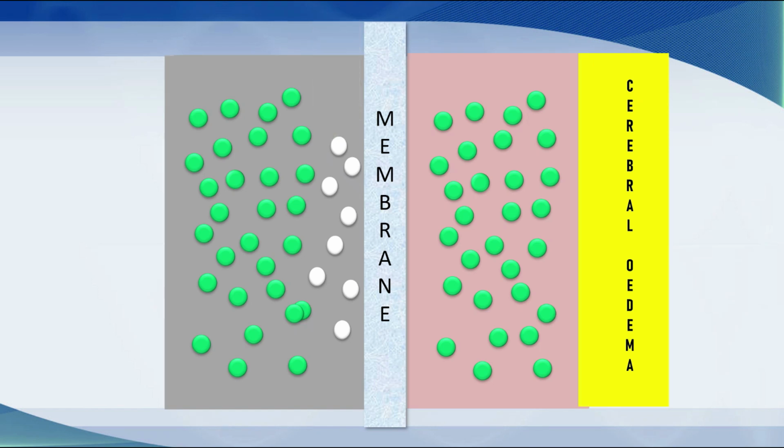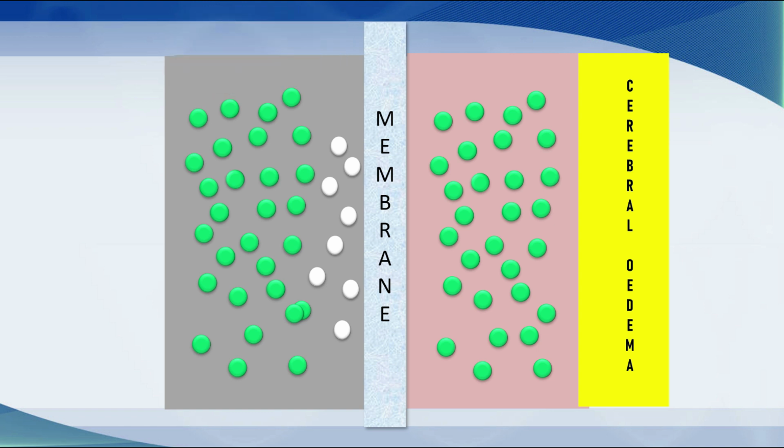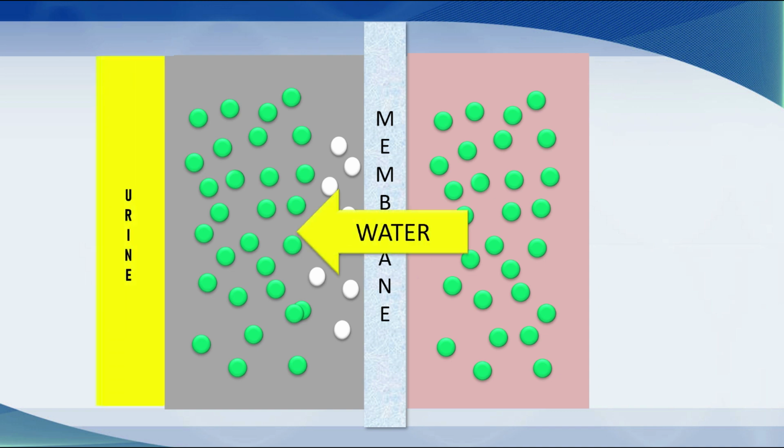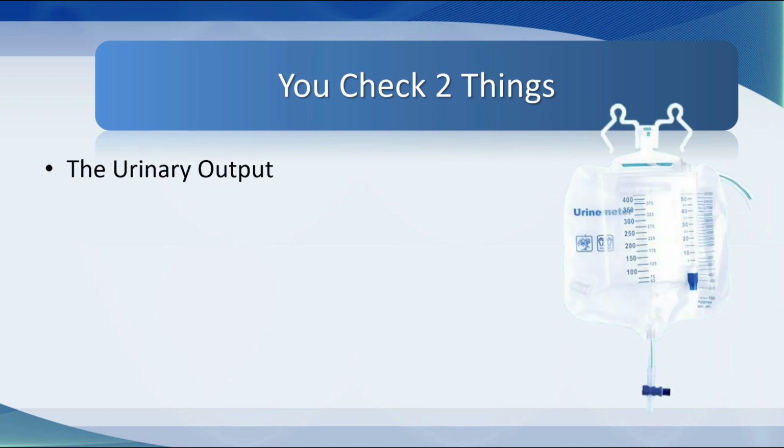As a consequence, now there are more particles on the extracellular side of the blood-brain barrier, of that cell membrane, and as a consequence, water will move from the brain into the extracellular space, and then of course will be lost by urination.